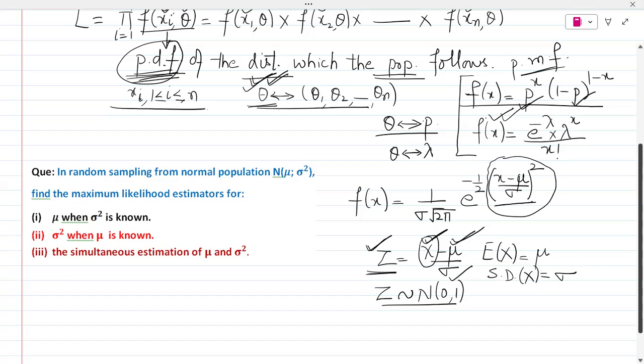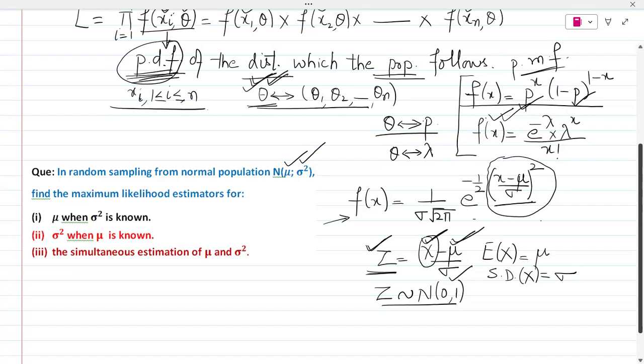Now, if our population has a normal distribution, this will be the PDF. Here we know that the normal distribution has two parameters, mu and sigma square. So what is theta here?